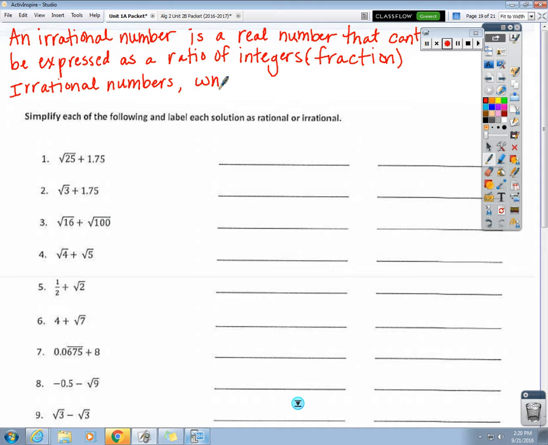Okay, irrational numbers, when written as decimal numbers, do not terminate or repeat.